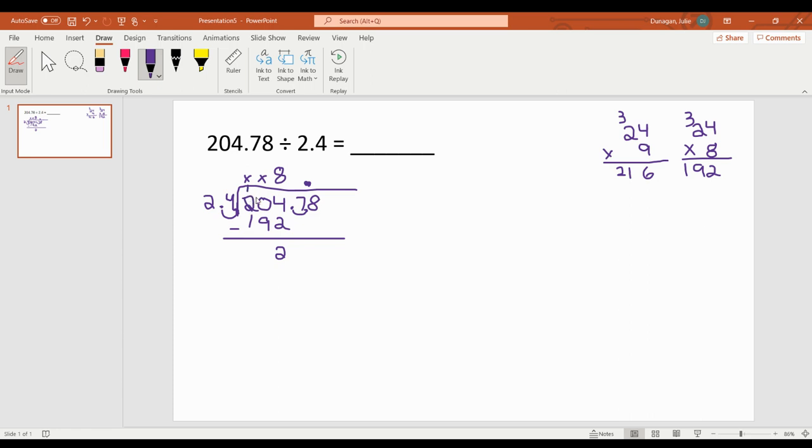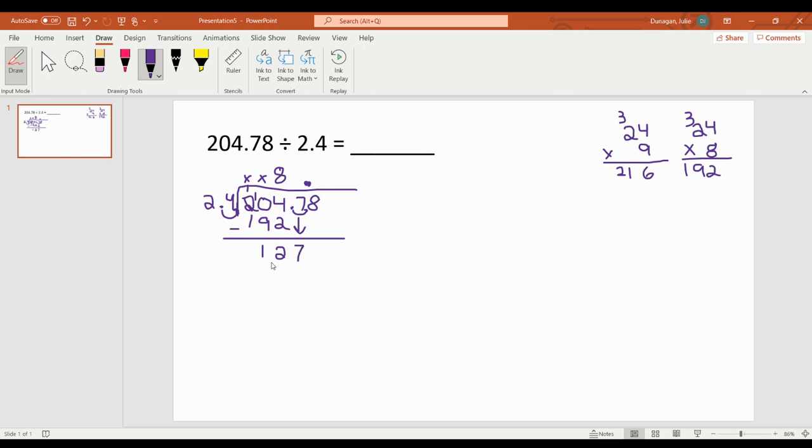My 2 becomes a 1. I'm bringing over a group of 10, so this 0 is now a 10. 10 minus 9 is 1. Okay, now this is where we bring down that next number, right? So we bring down that 7.